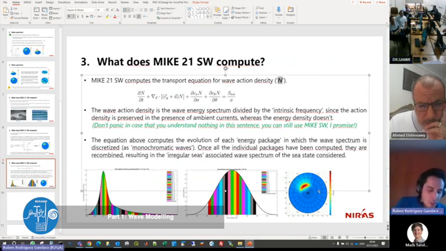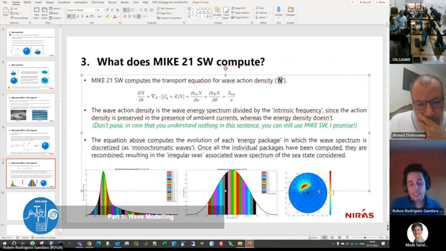And why do we do this? It's very simple, because you may think of the waves carrying energy individually. So each wave has a certain wave height, and because you have a wave height, it has an associated energy. Right? The energy of a wave is proportional to the square of the height. That's simple.